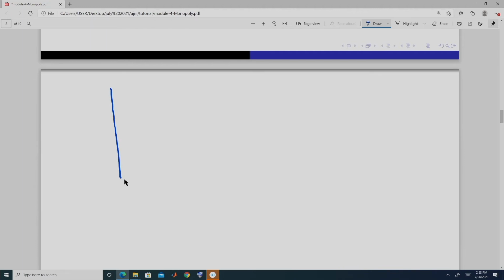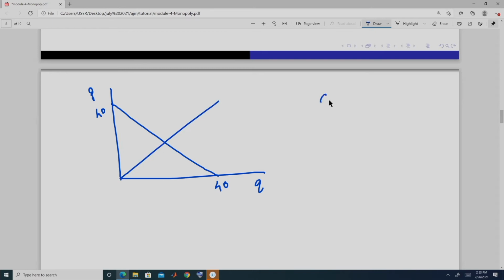So, suppose this is quantity, this is price, this point is 40, this point is 40, this is the demand curve, and the marginal cost is, because the cost function is q square, so marginal cost is 2q. So, this is MC.